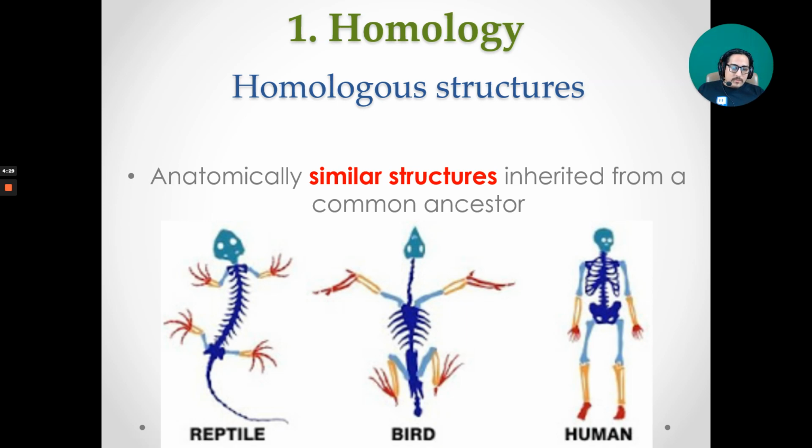Obviously, one crawls on four legs, one flies, and the other one walks. They're all very different, but they have the same bone structures. That is called a homologous structure. Homo means the same. Remember, we talked about that before. Structure is just a part of the body. So same structure or similar structures. Okay.